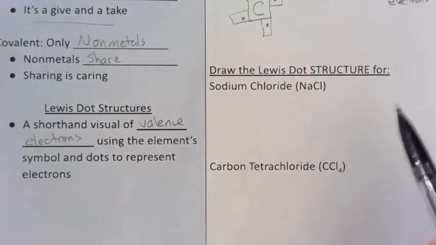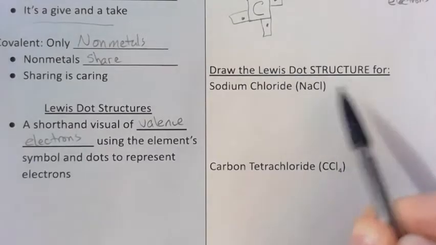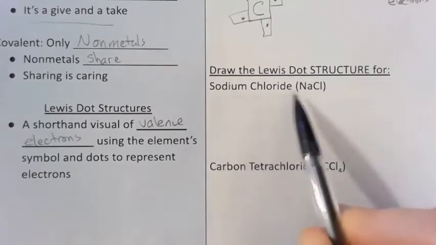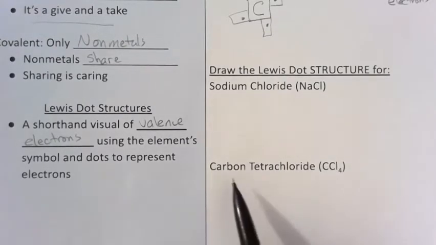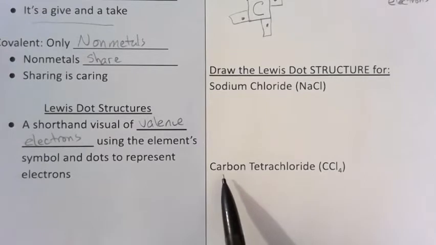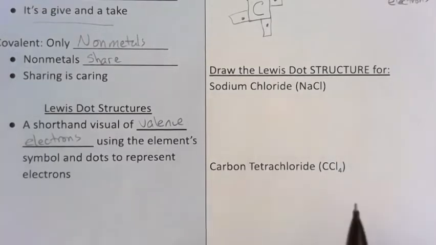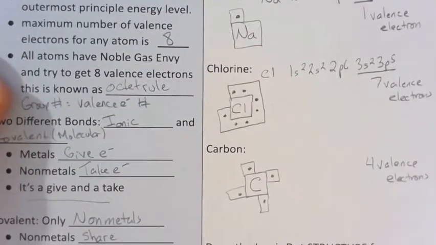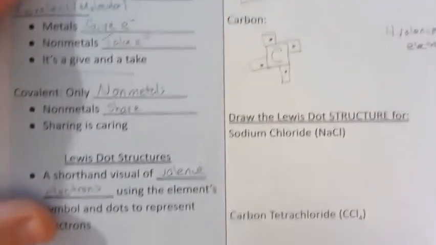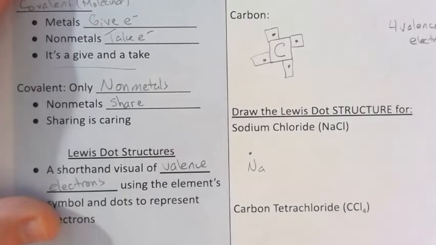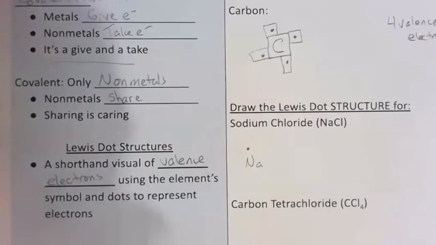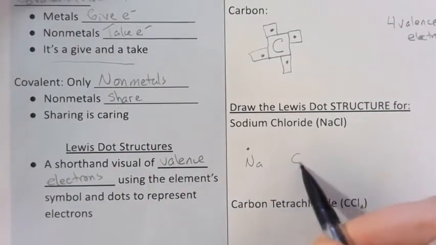Okay. So if we're drawing the Lewis structure, which is now either the formation of an ionic compound between this metal and this nonmetal, or the formation of this molecular compound between carbon and chlorine as 2 nonmetals, we have to use the Lewis symbols that we drew earlier as our starting point. Okay, so if we quickly sketch down here, we've got sodium with 1 valence electron up top, and then we've got chlorine.